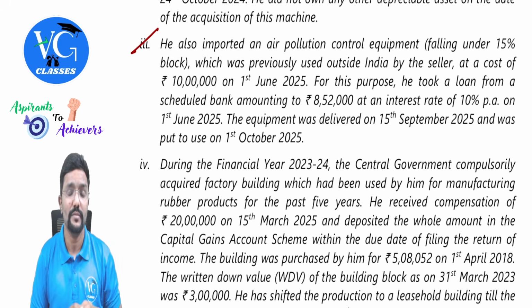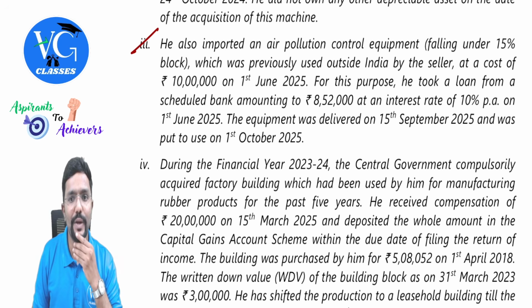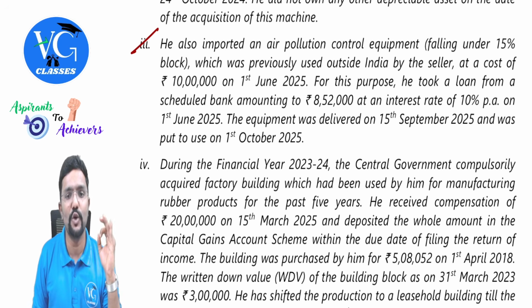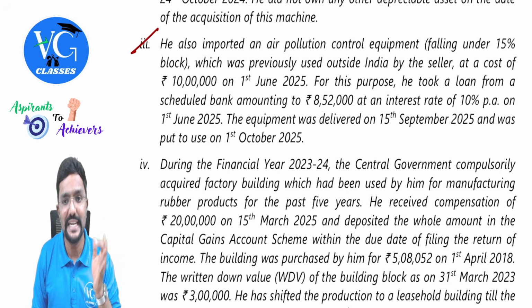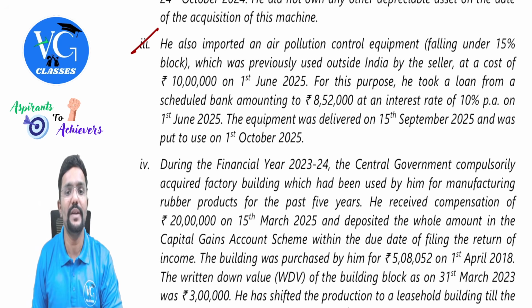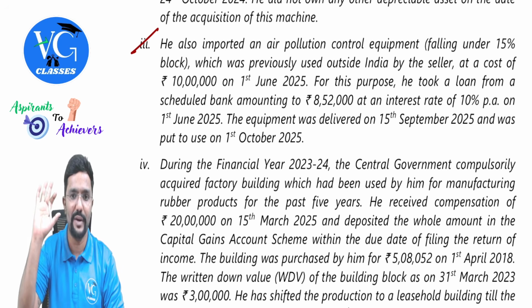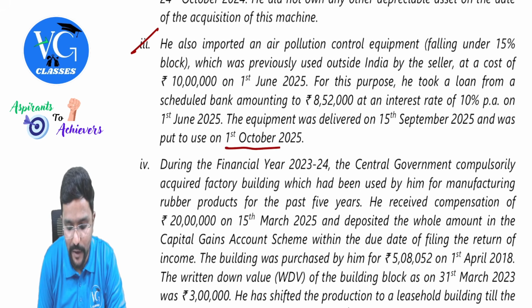Please be careful. The additional depreciation is only on new plant and machinery. For this purpose, it took a loan from a scheduled bank amounting to 8,52,000 at an interest rate of 10% per annum on 1st June 2025. The equipment was delivered on 15th September 2025 and was put to use on 1st October 2025. Put to use date is important.